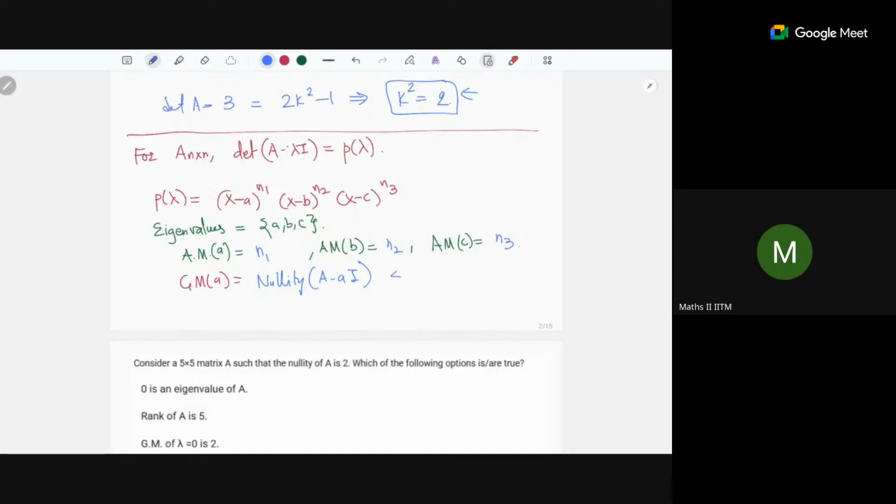That could be anything, but it has to be smaller than or equal to the algebraic multiplicity. It cannot be larger than the algebraic multiplicity. So there are two relations that we need to know. The first is the definition of algebraic multiplicity, and the second is that the geometric multiplicity of an eigenvalue is at most its algebraic multiplicity.